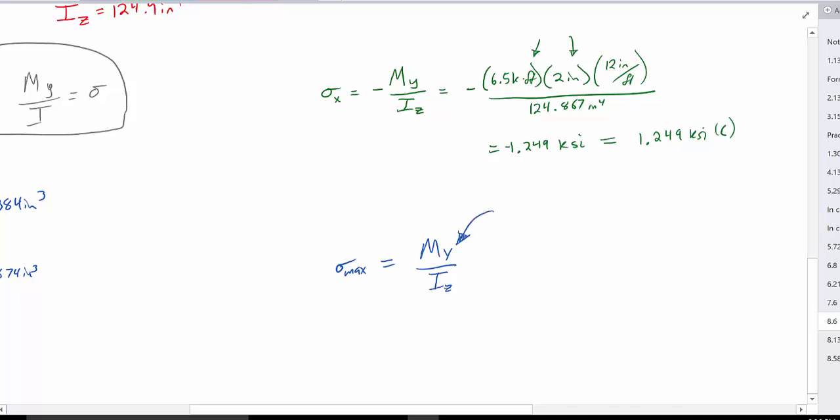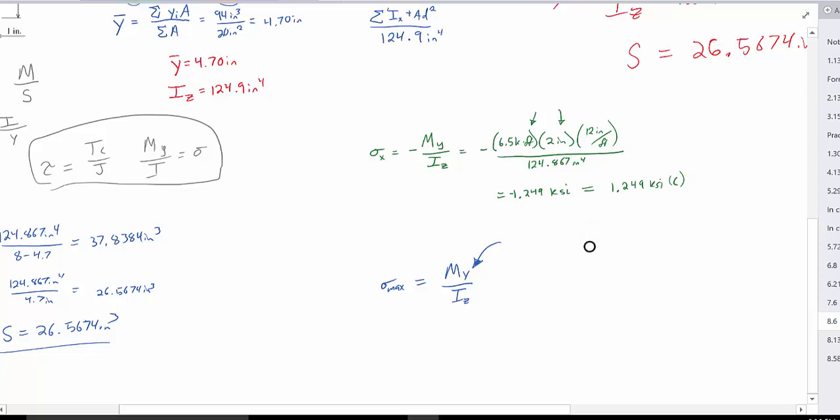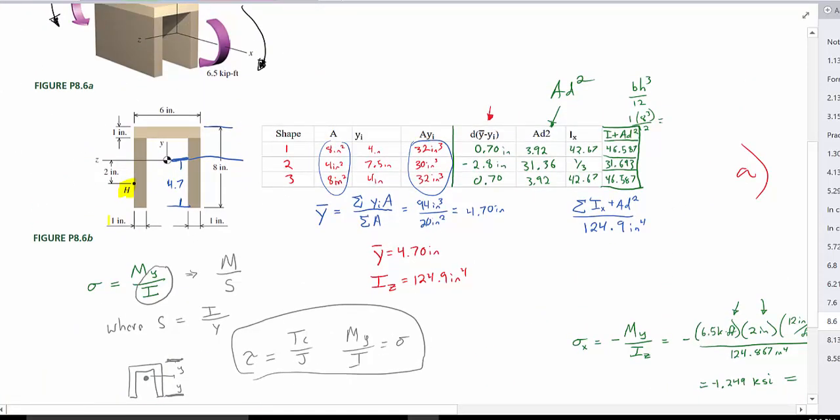The larger that this y value is, the larger this stress is going to be, right? So I'm just going to make the leap and say that because 4.7 is greater than 3.3, and those are our distances to each edge, going back to this diagram, this edge here is 3.3, and from here to here is 4.7.